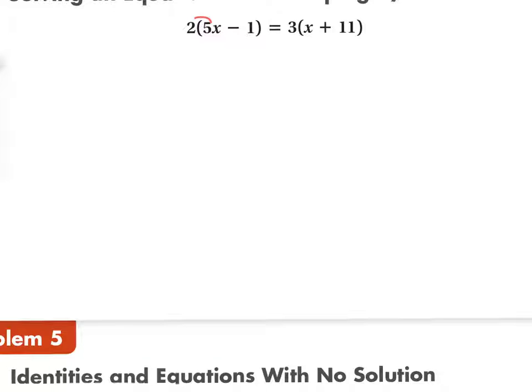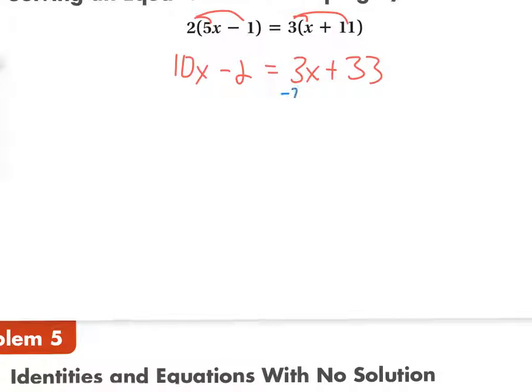So I'm going to distribute this 2 and the 3. So 2 times 5x is 10x. 2 times -1 is a -2. 3 times x is 3x, and 3 times 11 is 33. So now we're back to the kind of algebra problem we had earlier where we have variables on both sides.